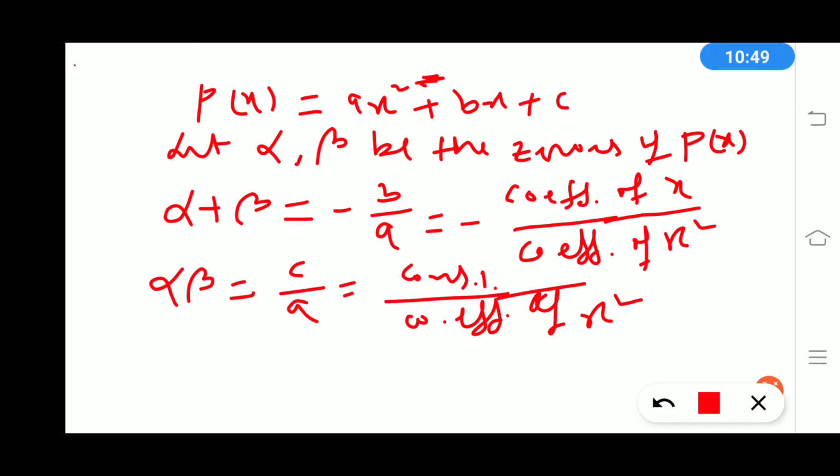Then alpha plus beta equals minus b by a. So minus of the coefficient of x, here the coefficient of x is minus b, so minus of minus b.